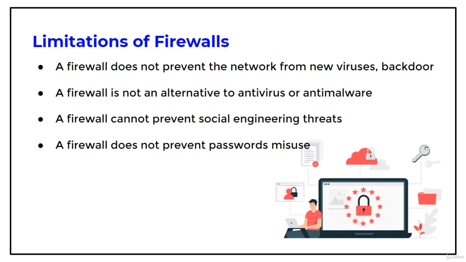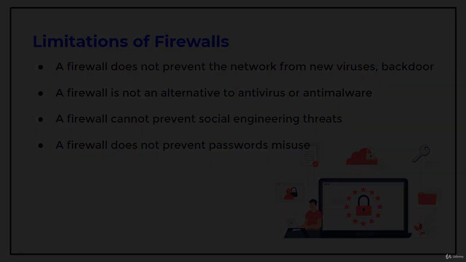Also, a firewall does not prevent password misuse. A firewall does not block attacks from a higher level of the protocol stack. A firewall does not protect against attacks from dial-in connections and attacks originating from common ports and applications. And again, a firewall is unable to understand tunneled traffic.